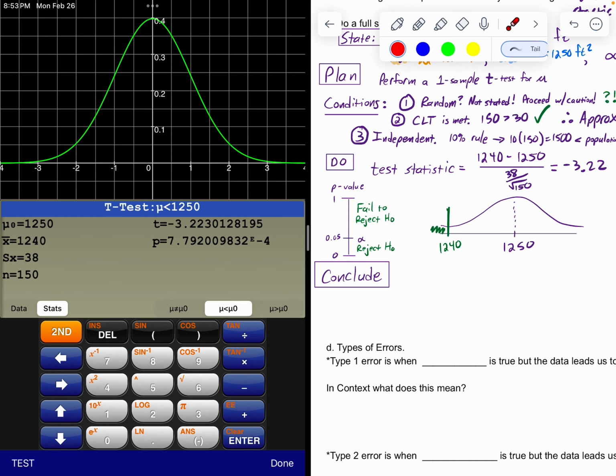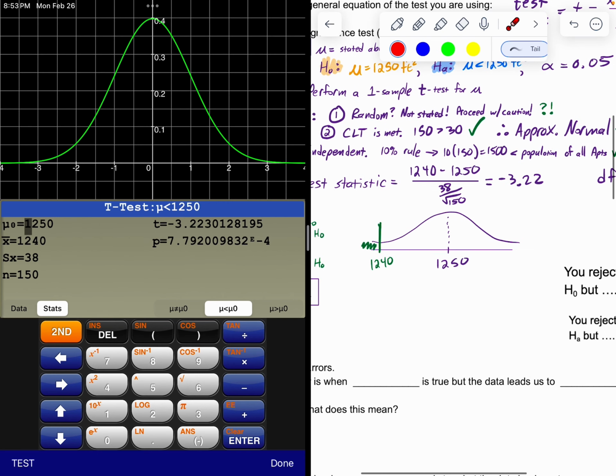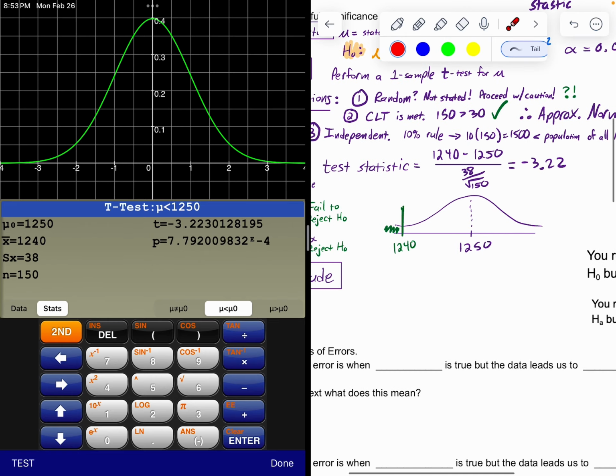I've already entered the information. You can see it's there. S sub x is the 38, even though in reality it is sigma. And then it gives you the test statistic. There it is. It matches negative 3.22. And the p-value.